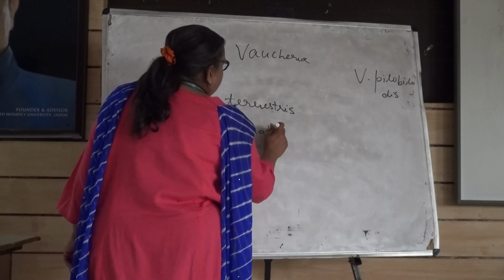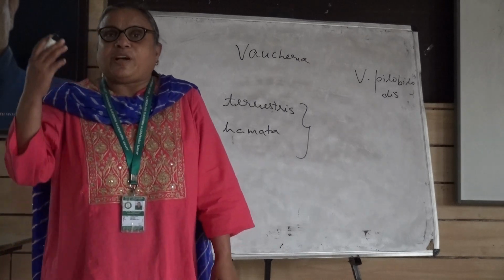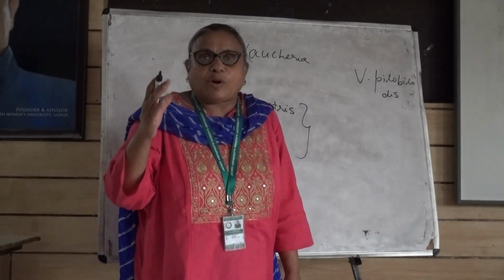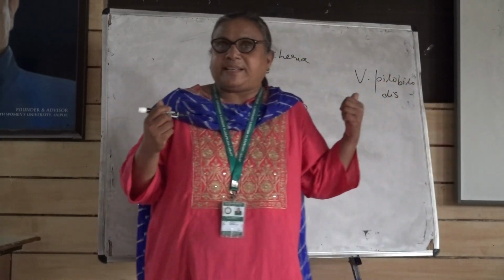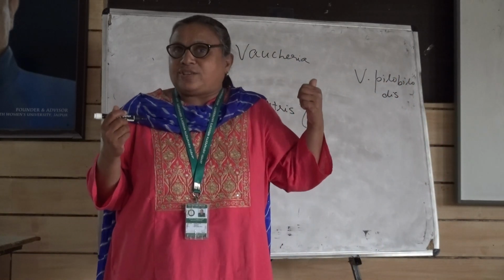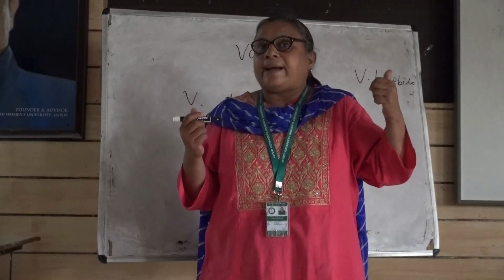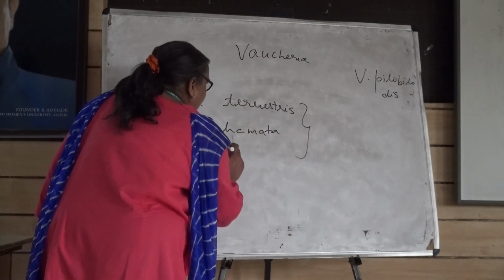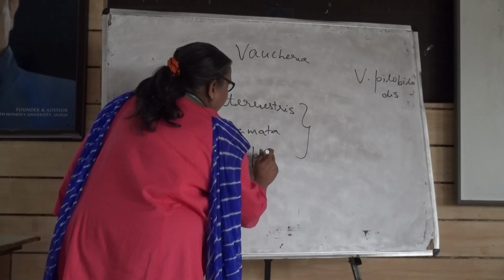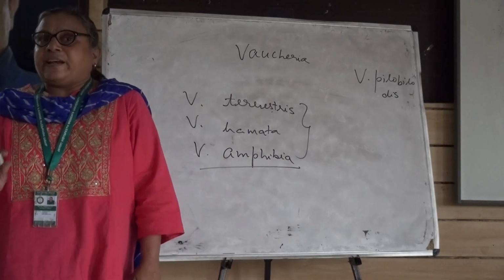These are the terrestrial species of Vaucharia, and they form green mats on moist and aerated soil. One of the species of Vaucharia is Vaucharia amphibia, which is amphibious in nature.